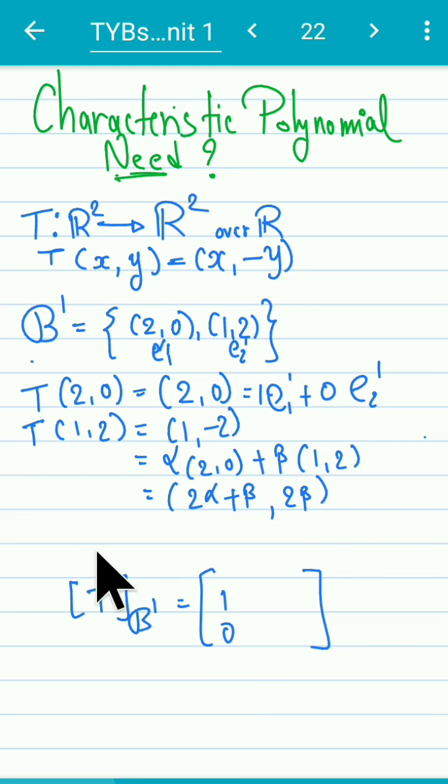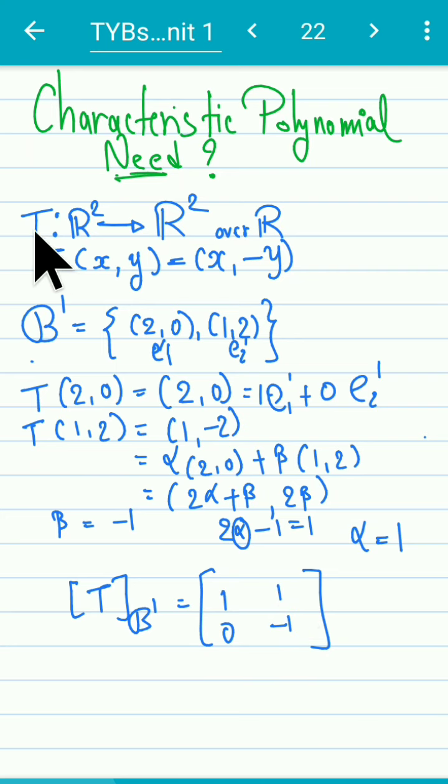What is the value of beta? Comparing coordinate-wise, beta must be -1. So I get 2 alpha minus 1 equal to 1, so alpha must be 1. So the second column is (1, -1). So this linear transformation with respect to this basis has a matrix representation like this.